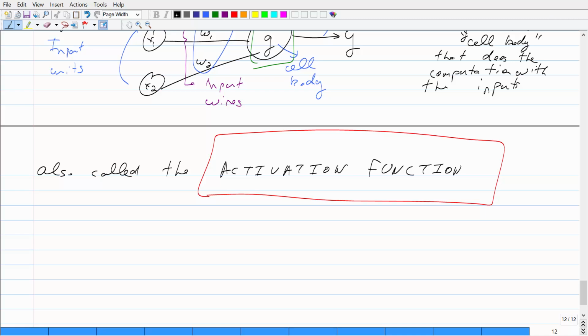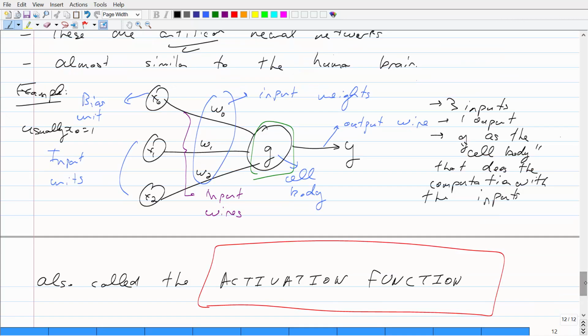Okay, so basically how this works is you take each of these inputs and then you weight them by certain amounts. So x0 gets weighted by w0 and x1 gets weighted by w1 and so on. So you take all these inputs, you weight them individually, and then you add them all together. You put them through the activation function, it does some sort of computation on this sum, and then it outputs a final value that you use to forward to other neurons in the network.